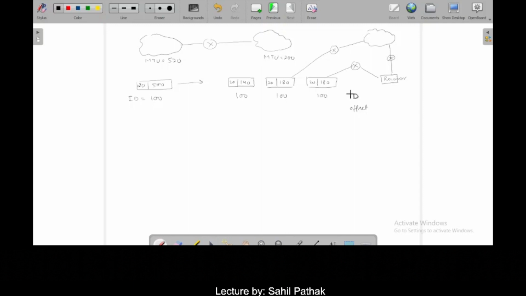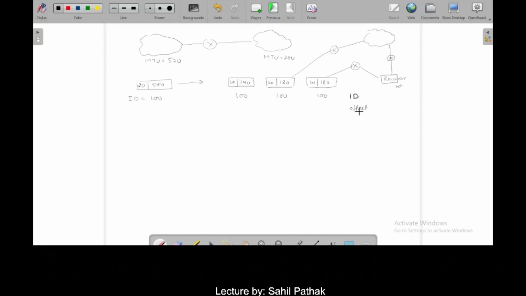But to combine at the receiver end, the receiver must know the sequence, कि किस सीक्वेंस में ये फ्रेगमेंट हैं। So for example, this is the first fragment, this is the second fragment, this is the third fragment. So at the receiver end, the receiver must know that this is the first fragment, this is the second fragment, and this is the third fragment. And for that we have the field offset.